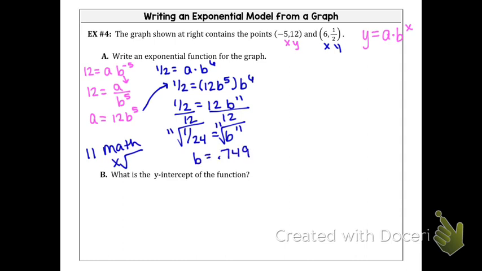So we know that b is approximately 0.749. And since you know b, now we can go backwards. We can take b and plug it in over here and solve for a. So we said a was equal to 12b to the 5th. And so a is equal to 12 times 0.749 to the 5th.